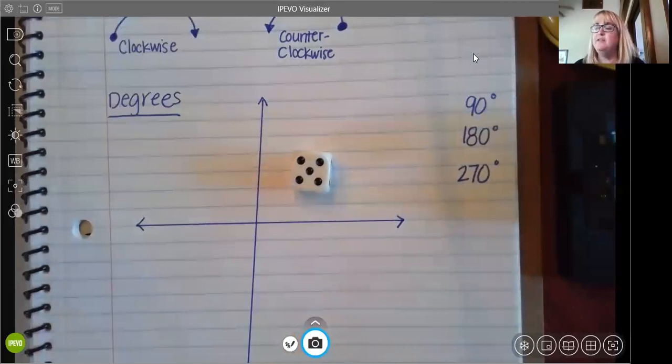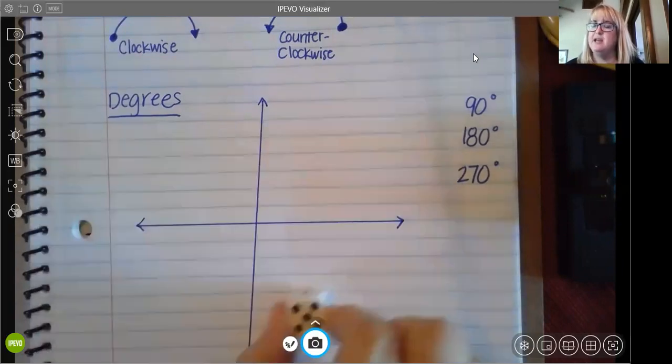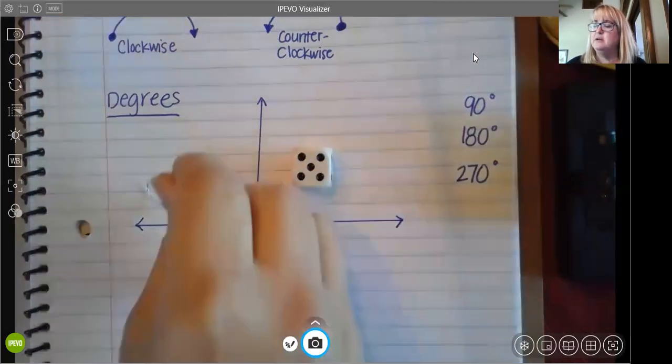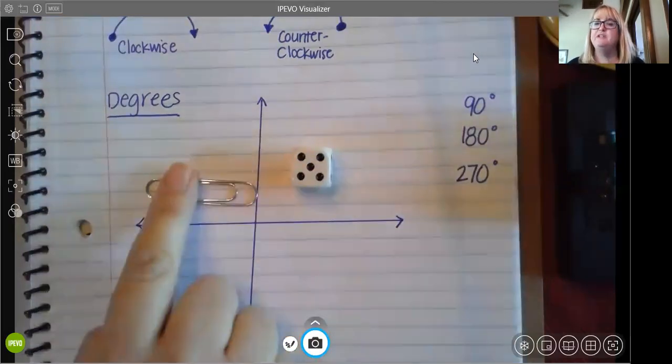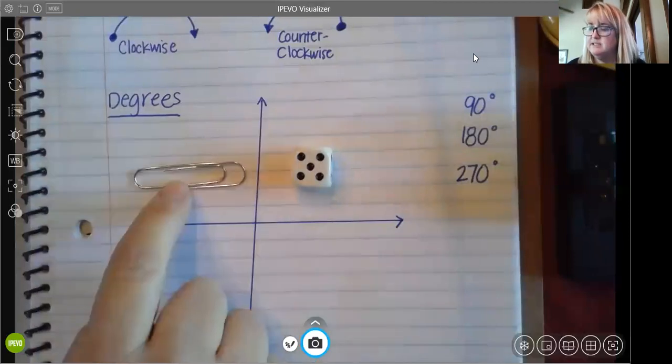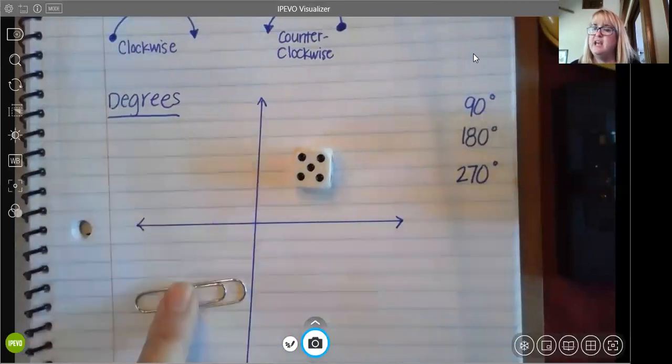All right, if you're moving counterclockwise, counterclockwise is the opposite direction. So you're going this way. If I move from here to here counterclockwise, I've moved one quadrant. That is 90 degrees counterclockwise. If I move over here, I've gone 180 degrees counterclockwise.